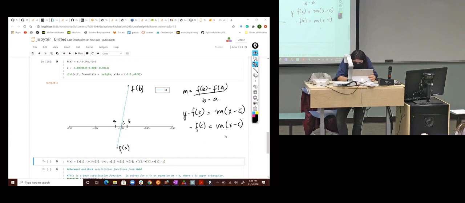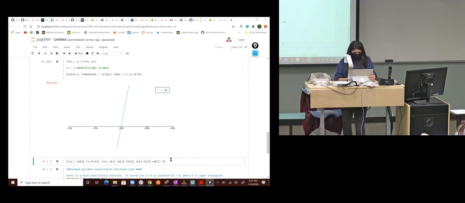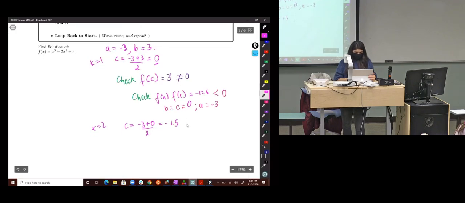From here, I can get x equals, you'll have to do the math, minus f(c) by m plus c. So what we're trying to do is find the point where y is 0, the value of x is this. That should be our solution. So we update our c according to this rule, which will be our modification to the bisection method.